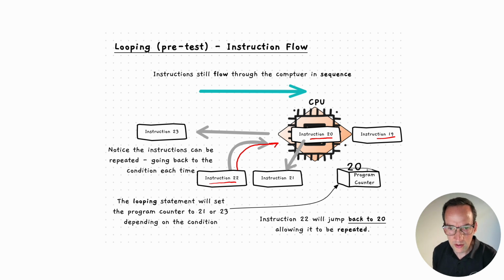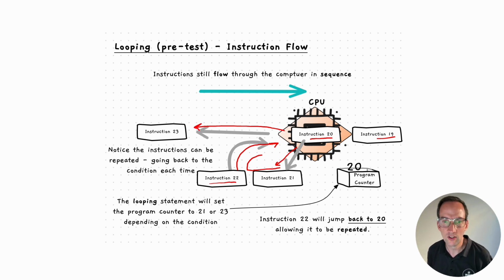If instruction 20 chooses to go to instruction 21 based upon the condition, then what's going to happen is we're going to execute this loop. So we'll execute instruction 20, 21, 22, which will then jump back to instruction 20. Evaluate the condition again, in which case we go back into instruction 21, instruction 22, etc. When the condition that we coded there is false, it will jump over the instruction 22 and go therefore onto the next instruction in the code.